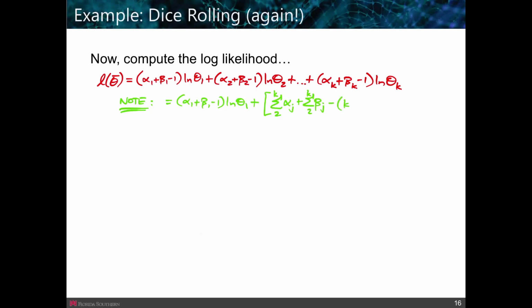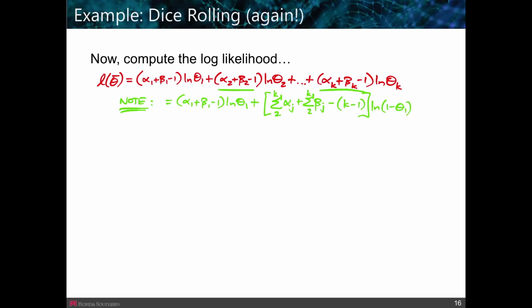How many of them do we have? We have k minus 1 of them. I'm just trying to simplify. Imagine summing all of these other things in parentheses. That's all I'm trying to do there, simplify that. Times the log of 1 minus theta 1.